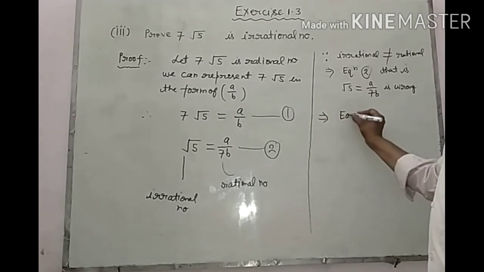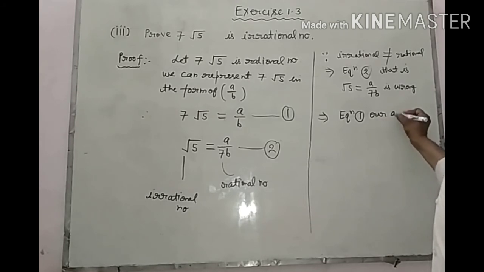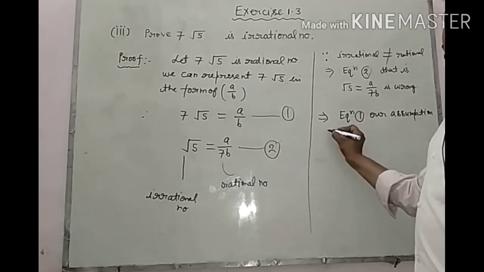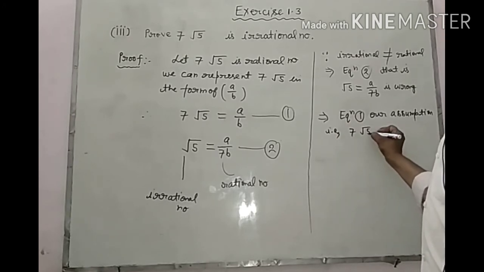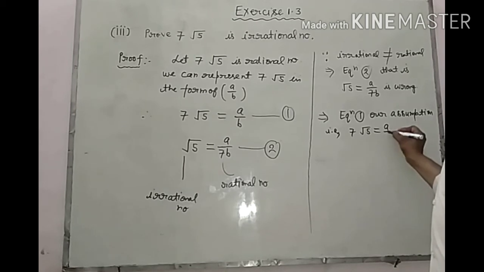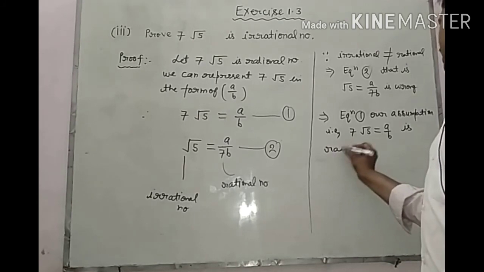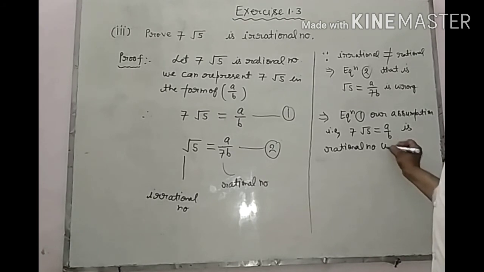Equation 1, our assumption that 7 root 5 equal to a by b is a rational number, is wrong.